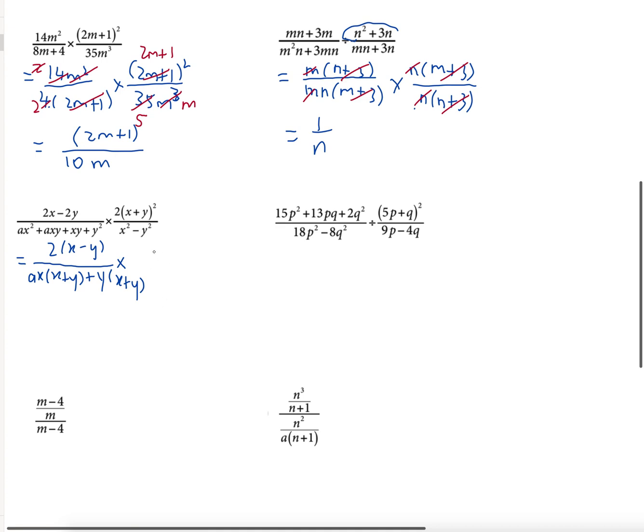And now in the numerator, we have 2x plus y squared, and the denominator is a difference of 2 squares, which is x plus y times x minus y. So now we cancel the common factor.